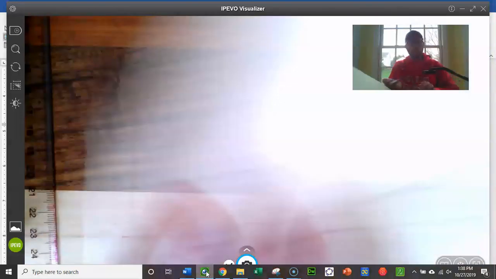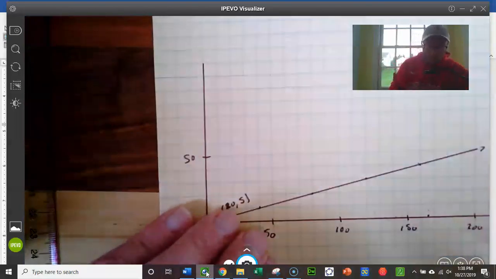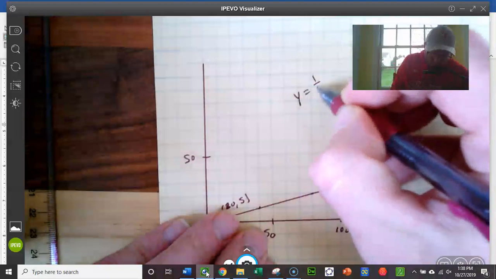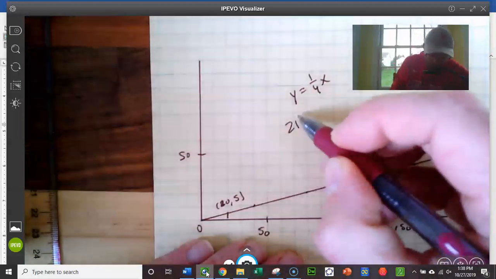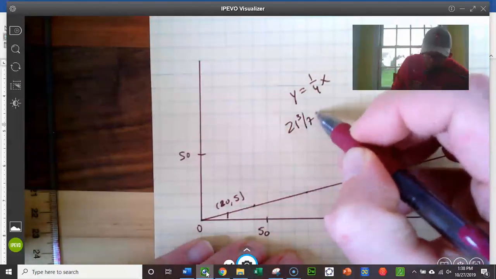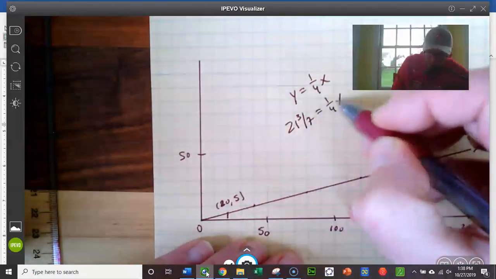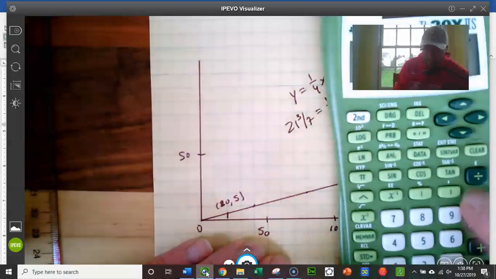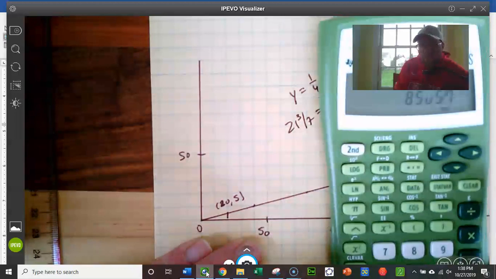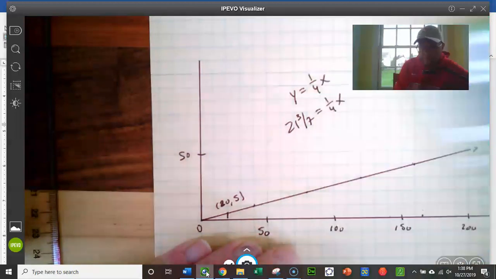And then over here, we have y equals 1/4 x again. And we're going to plug in 21 3/7 equals 1/4 x. So times 4, 85 5/7.